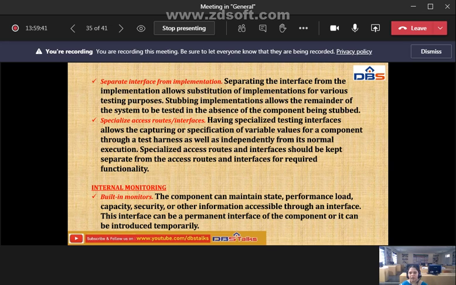Next, internal monitoring, with the design decision of built-in monitors. Components can maintain state, performance load, capacity, security or other information accessible through an interface. This interface can be a permanent interface of the component or it can be introduced temporarily. That is the built-in monitors.